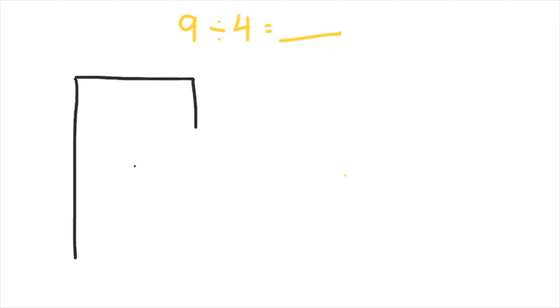Okay, here I want to show you a different way that someone might work that same problem. So we have 9 divided by 4 equals blank. Again, we have 9 brownies and we have 4 friends and we want to divide those equally. Some of you might want to draw out the whole brownies, all 9 of them, and I'm going to do that right here.